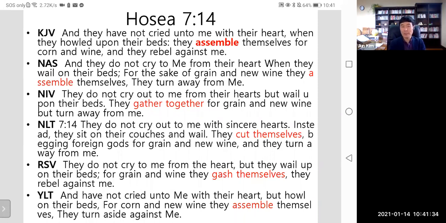People just get together and ask for corn and wine, and they are taking care of them. But this variant reading of cutting themselves or gashing themselves implies that they did something harsh, and it has something to do with this kind of pagan worship ritual. So now you can see the significant difference.